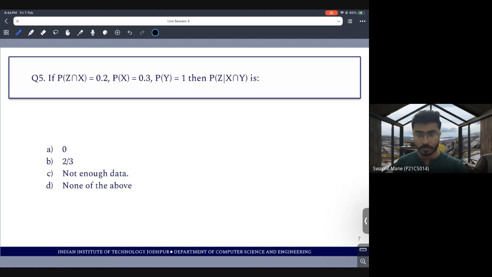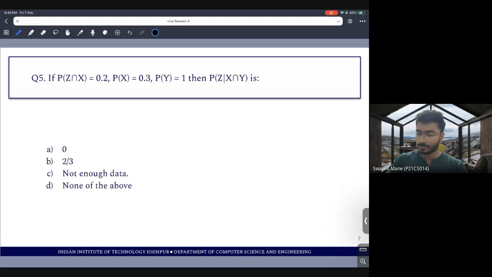Yeah, 2 divided by 3, two students are stating. Yes, any other answer? Not denoted, B. Okay, majorly saying that option B is correct. Let's see which option is correct. Someone has already said that option A could be correct. Let's see whether A, B, or none of these is correct.